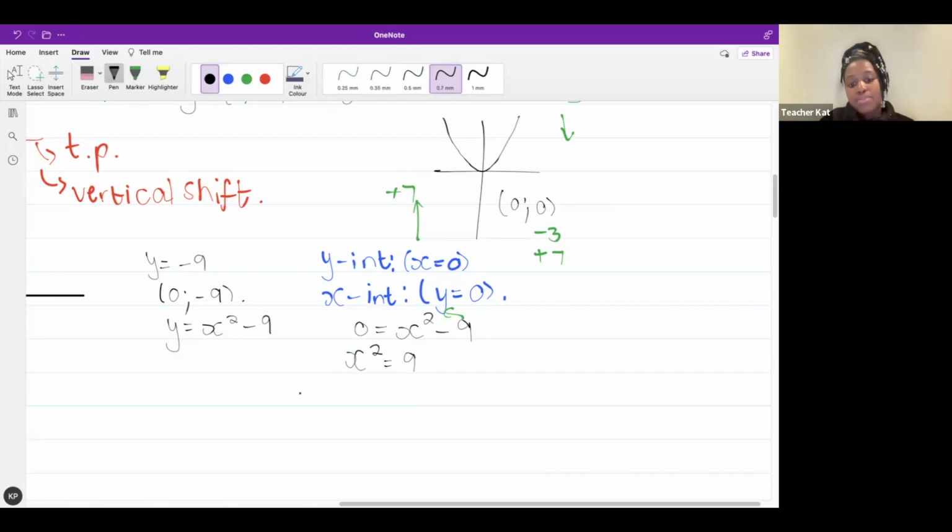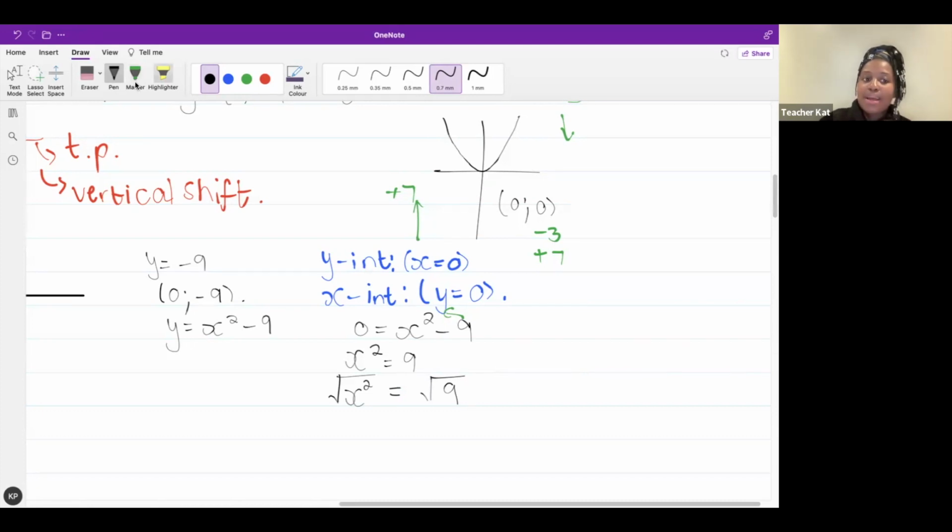Okay, but what happens if I square root? What do you have to remember when you square root? If I introduce a square root into a question, then what do I have to remember? If I'm square rooting these two sides, there's one thing I have to remember. If I just write this, is this correct, guys? Is this correct, though? No, what's missing? There's only one thing missing here.